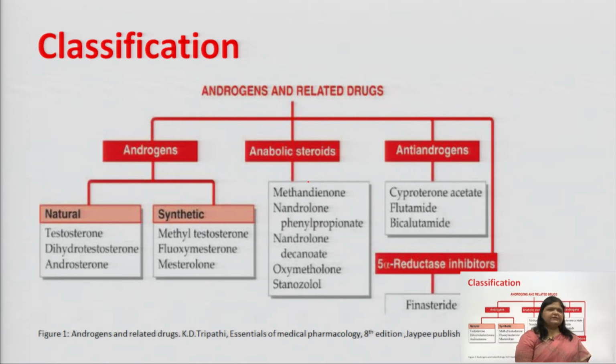The androgens can be natural or synthetic. Natural ones include testosterone, dihydrotestosterone and androsterone. Synthetic ones include methyl testosterone, fluoxymesterone and others.